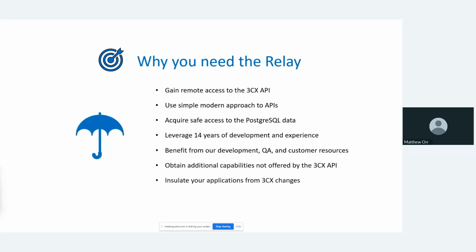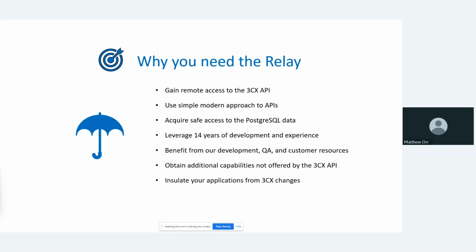And the fact is that because your applications don't talk directly to 3CX, but rather talk to our relay, that insulates your applications from some of those surprises when 3CX makes changes to their APIs behind the scenes.